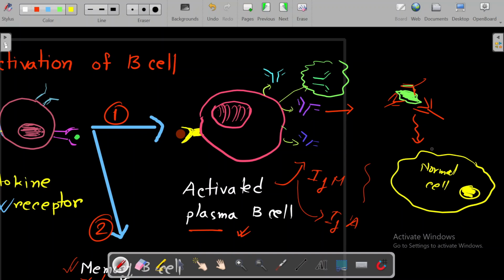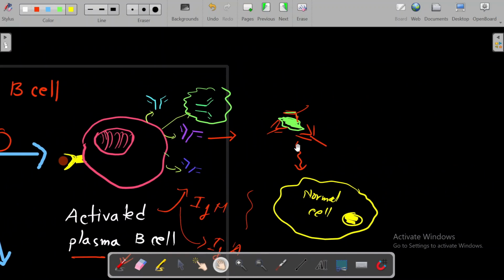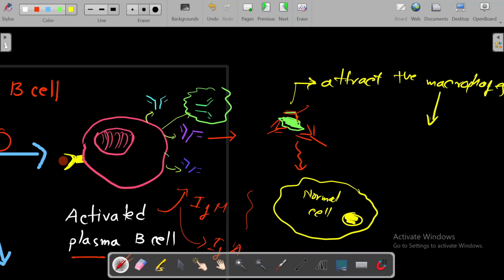And there is another thing: when antibodies bind with the pathogen, it mainly attracts the macrophages. And what is the main function of macrophage?